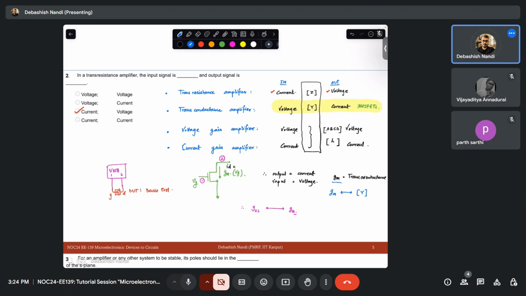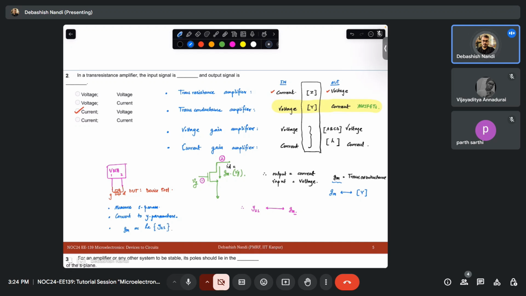So you first measure S parameters, convert to Y parameters. You take GM, as GM is directly related to the real part of your Y21 parameter.